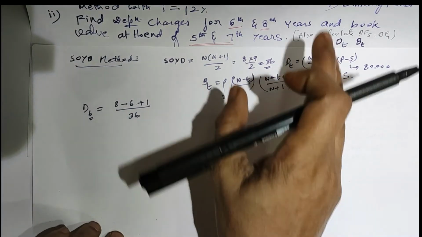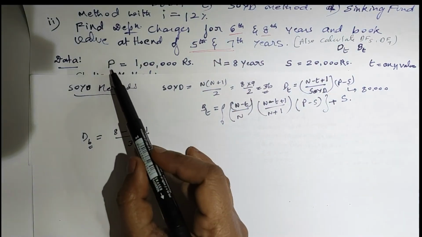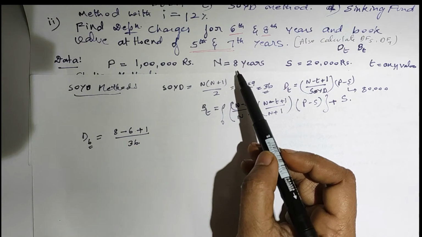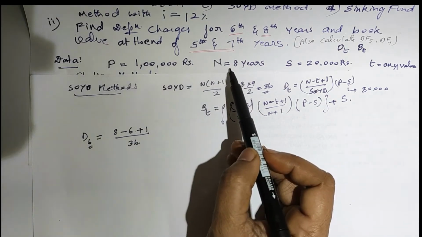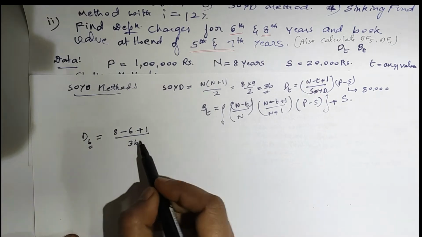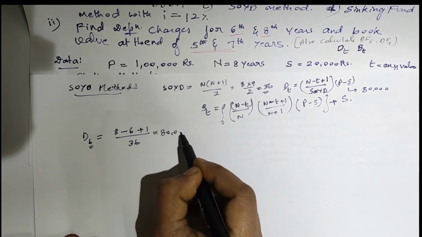So this is the data which is already extracted. I have explained in the previous videos. P is equal to 1 lakh, n is equal to 8 years, first cost, then expected life, salvage value 20,000. So I get here into 80,000.